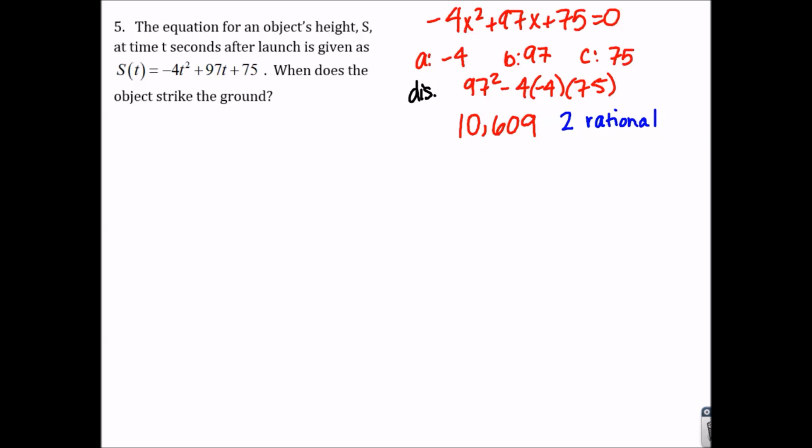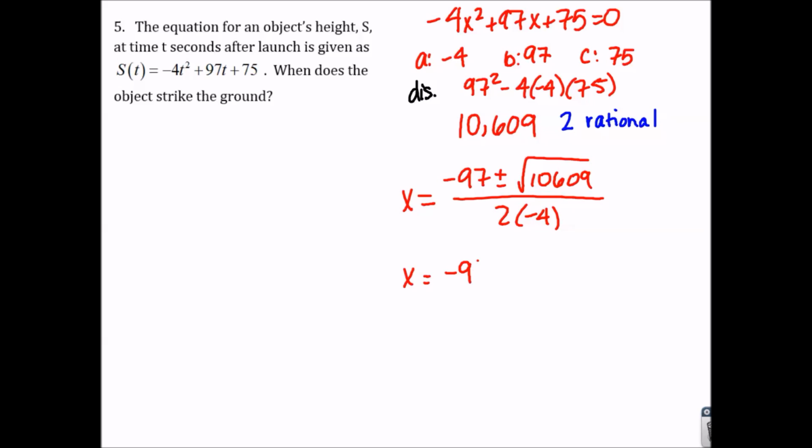So let's go ahead and do the quadratic formula. We have negative b plus or minus the square root of the discriminant over 2a. So if you use your calculator, the square root of 10,609 is 103. Over negative 8. So now we can split this up into our two solutions, one with the plus and one with the minus.